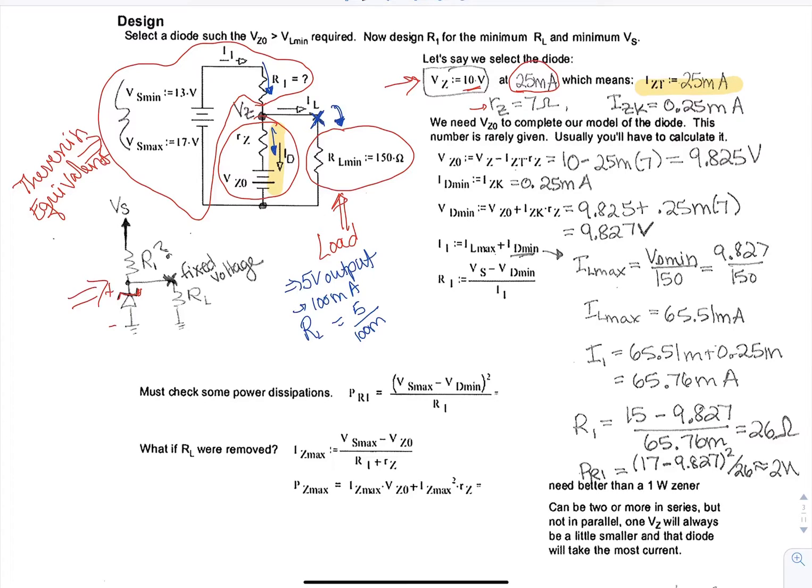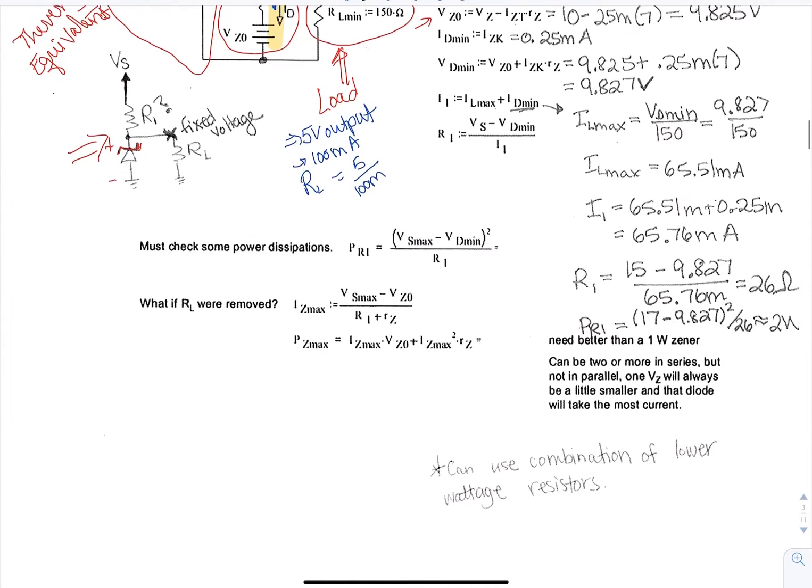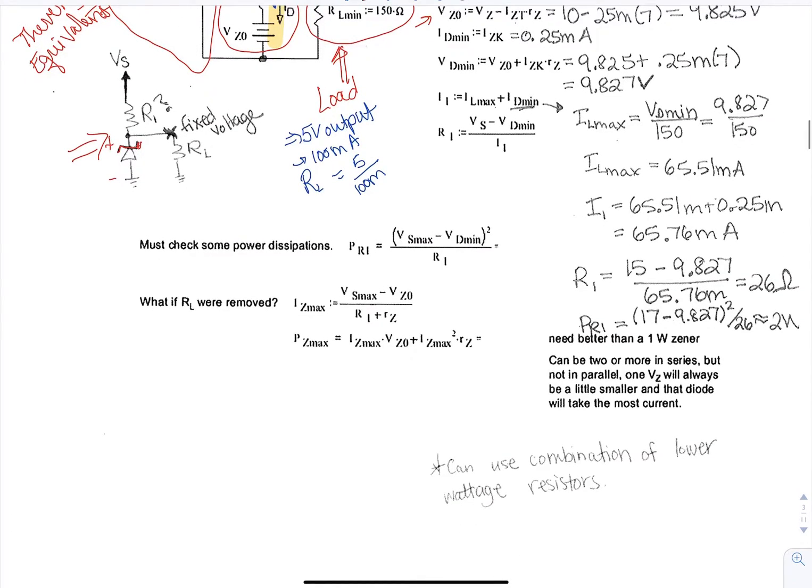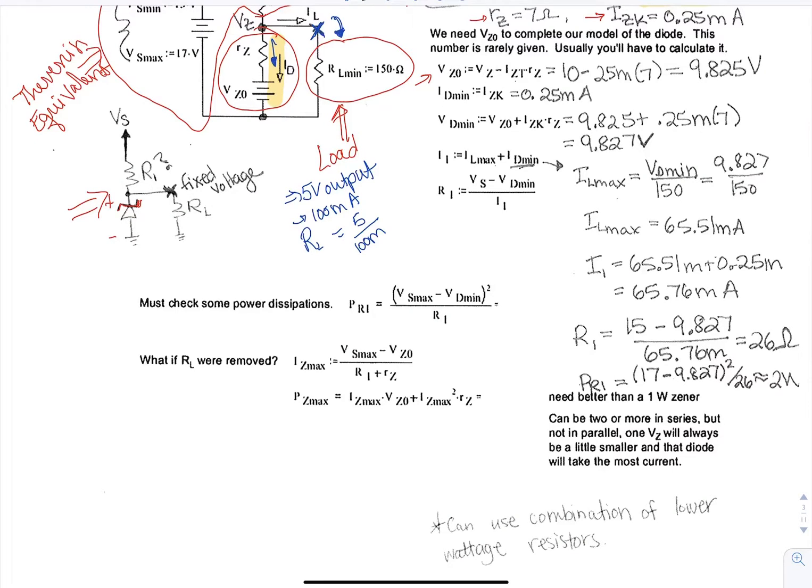And we have an IZT, which is the 25 milliamps, and then the knee current IZK is 0.25 milliamps. So we can analyze this, take voltage loops and go down, and what we see for this example is R1 needs to be 26 ohms.